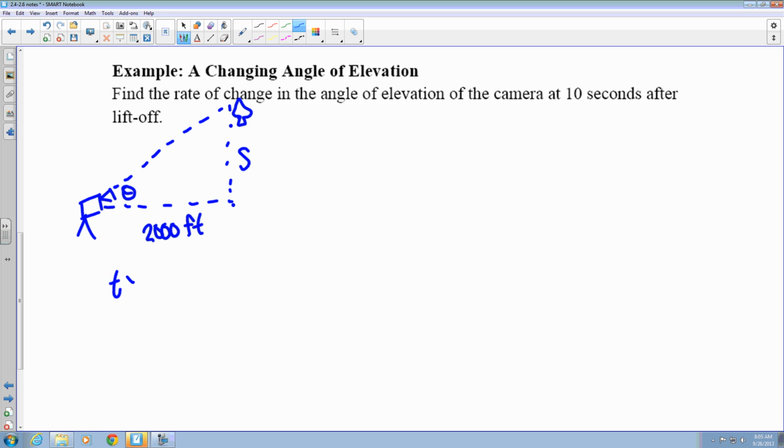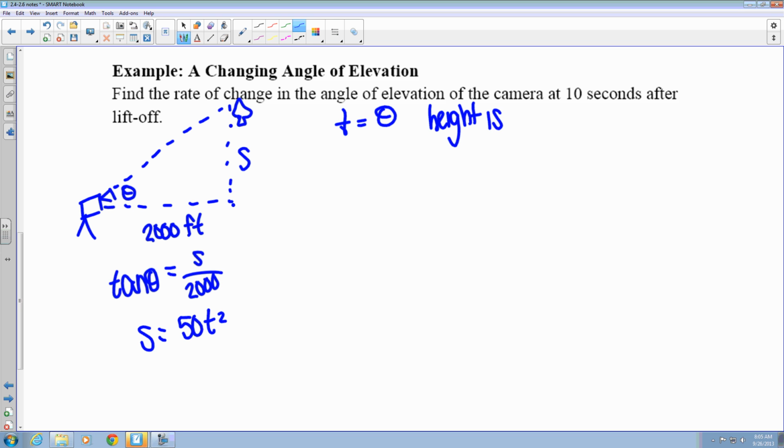We are given the relationship between theta and s, which is a tangent of those two. And we are given that s is 50t squared, where t is time, height s equals 50t squared. And when t is 10 seconds, that's 50 times 100, which is 5,000 feet.